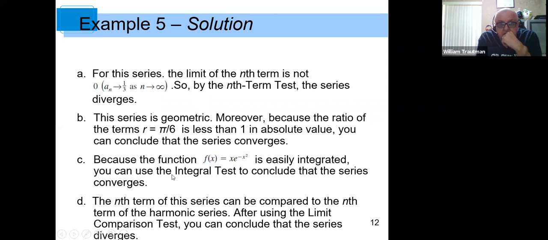And they did say after using the limit comparison test, it's a harmonic series. And remember, harmonic is when p equals 1. When you do a harmonic series and p equals 1, the series diverges.